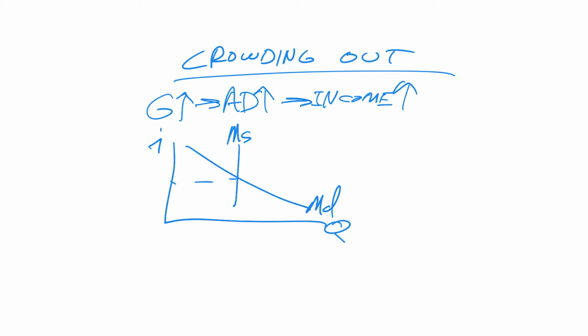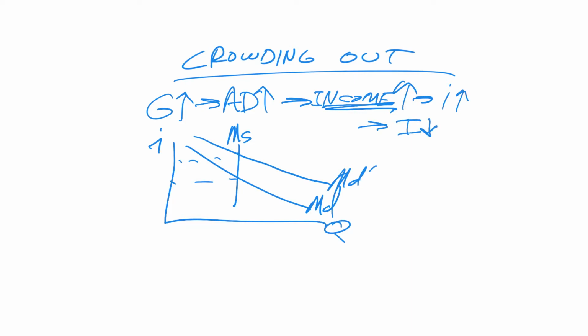And with an increase in demand for money in response to the increase in income, interest rates will rise. And if interest rates go up, that means capital investment will go down.